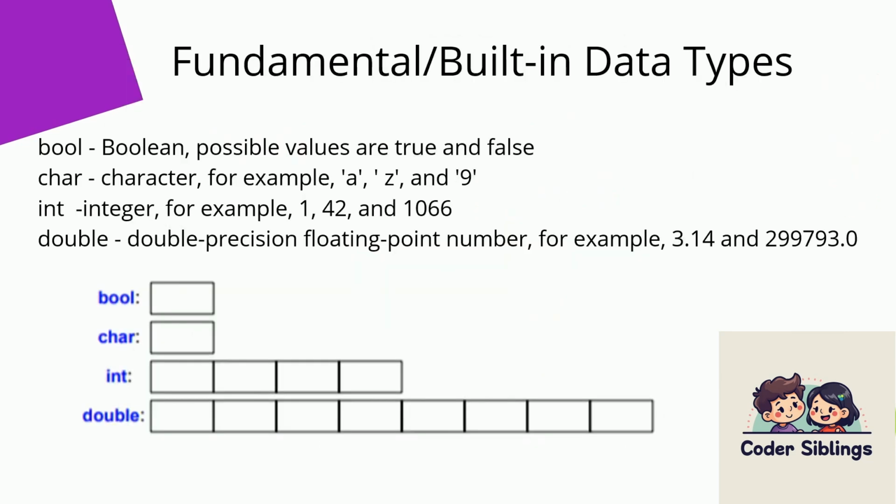So let us discuss certain fundamental or built-in data types, also called primitive data types, as we've already discussed. Primitive data types are integer, character, boolean or bool, double, and float.